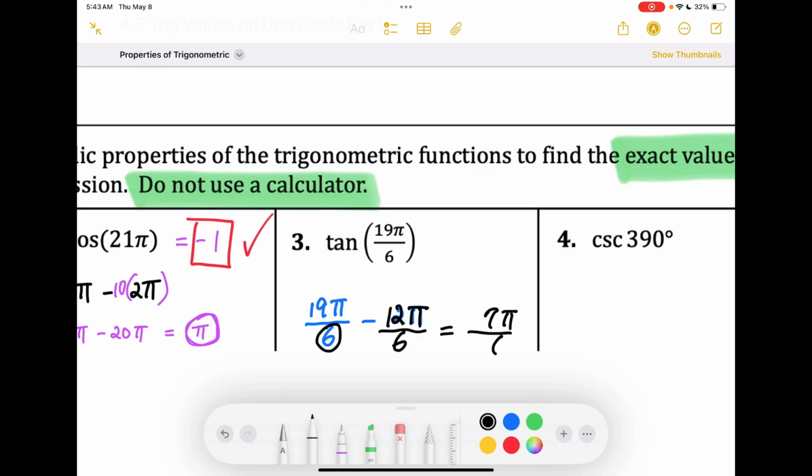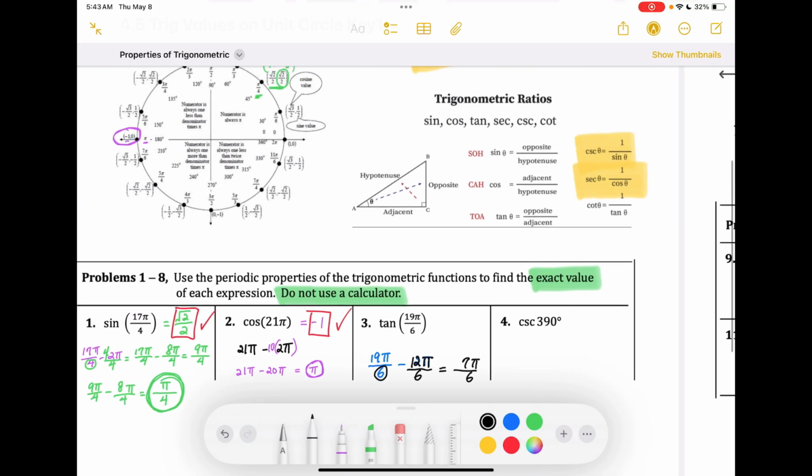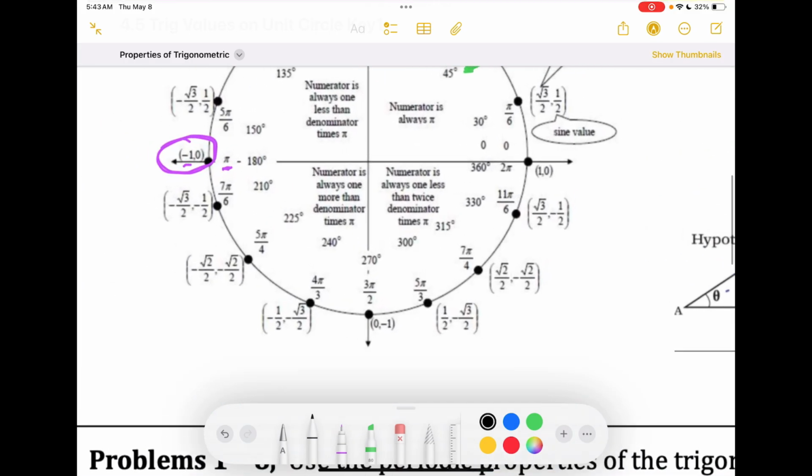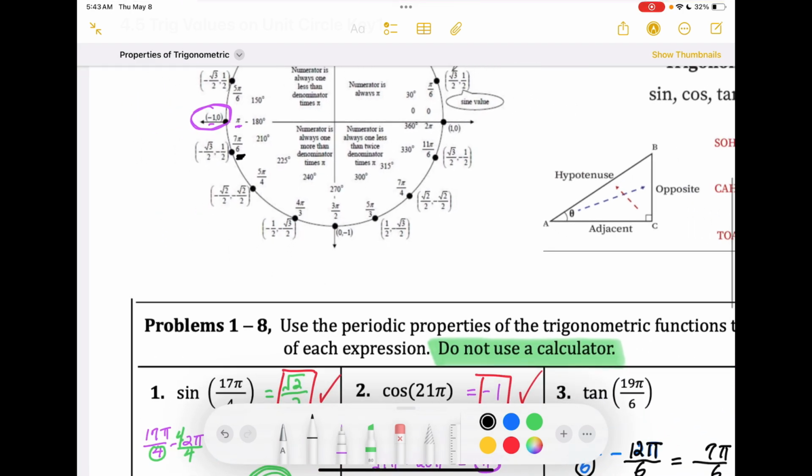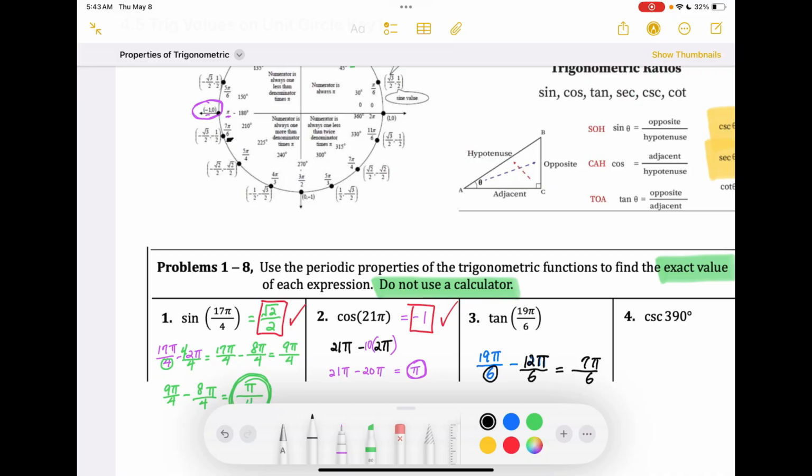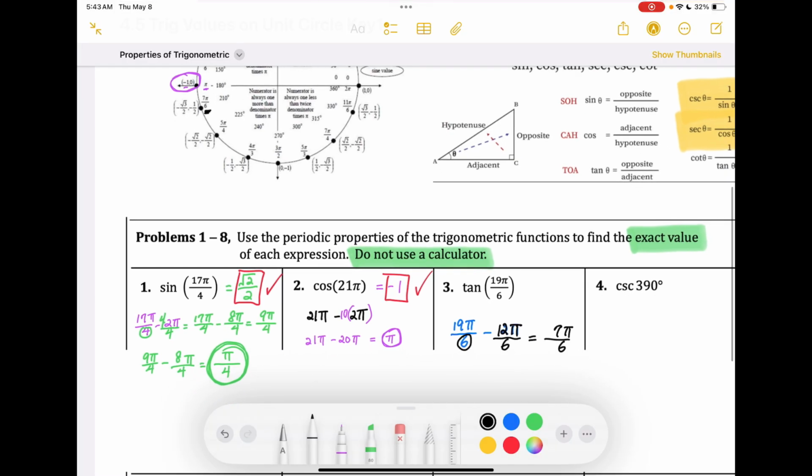So what do we got now? 19 minus 12, I get 7 pi over 6. Now activate our eagle eye. Do you see 7 pi over 6? Indeed. When there is a picture, the answer is in the picture. So 7 pi over 6 is right there. So I do have my location.